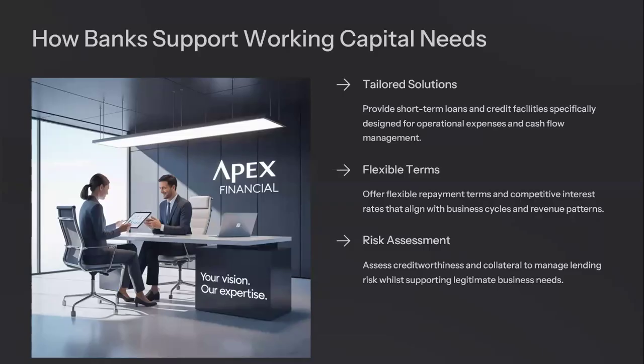The short-term loans are those loans which are taken for 1 month, 2 months, 3 months, or 6 months. Normally, they will charge a reducing rate of interest. As the amount increases, the interest rate also increases.